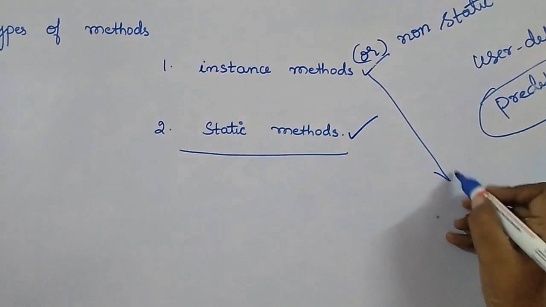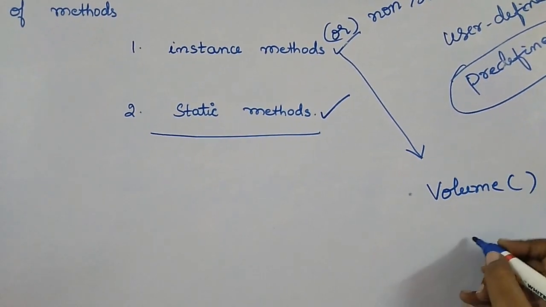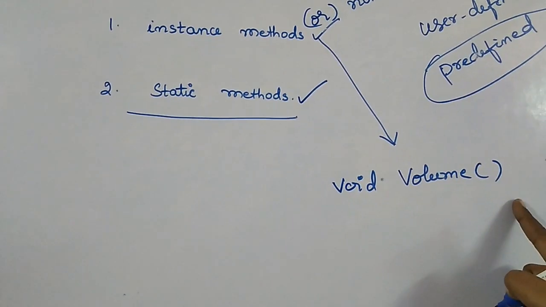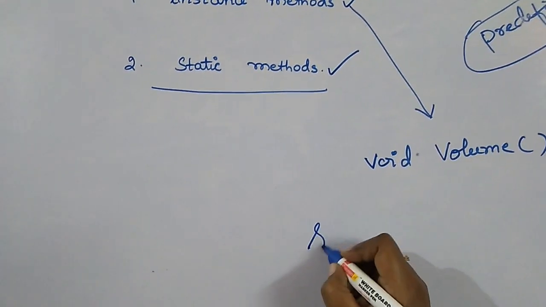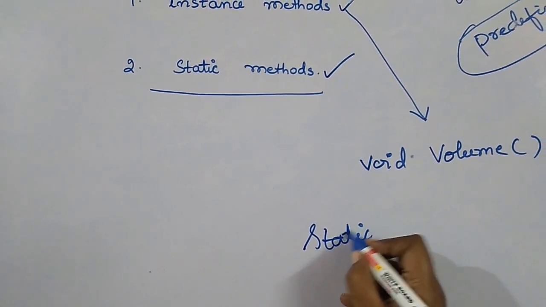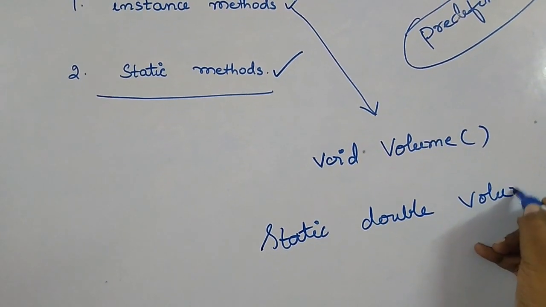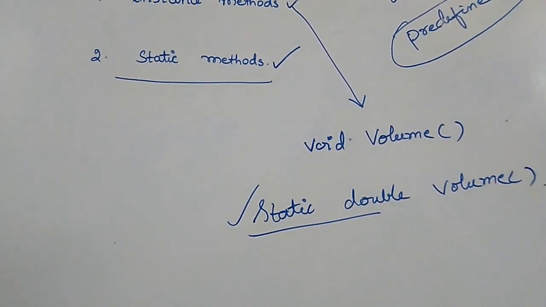Okay, so for example, the instance method which we have seen in the previous example, like volume. So void volume is an instance method. If I just put a static keyword in front of it, for example I say static double volume, now this has become a static method.